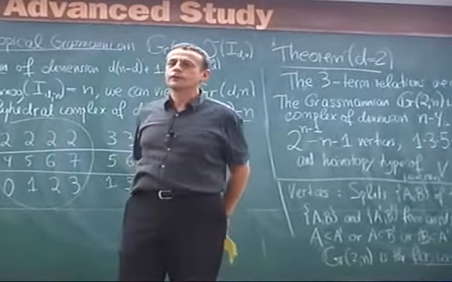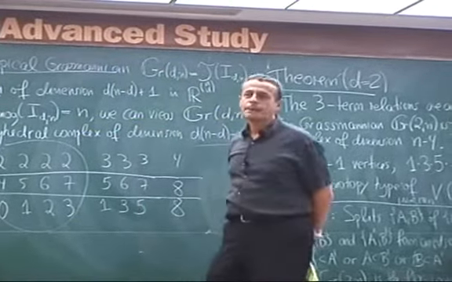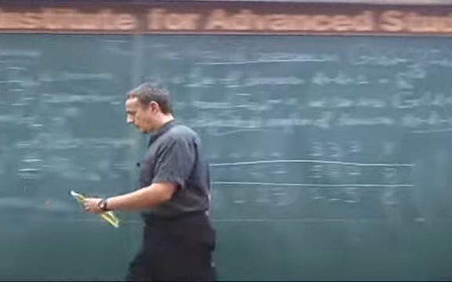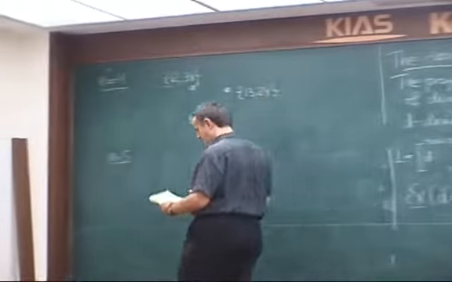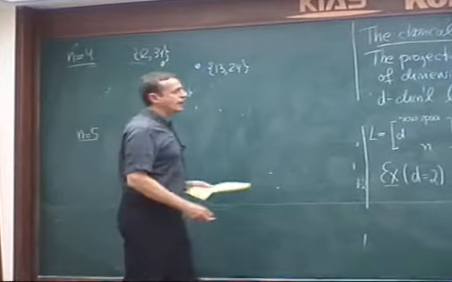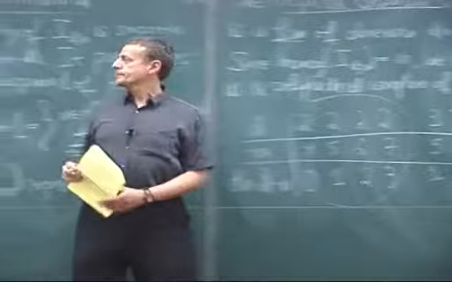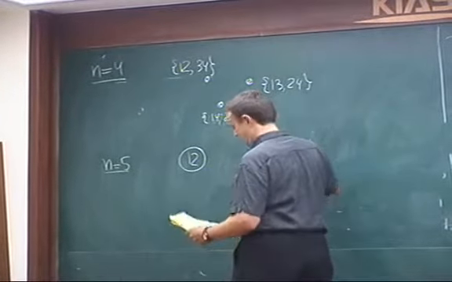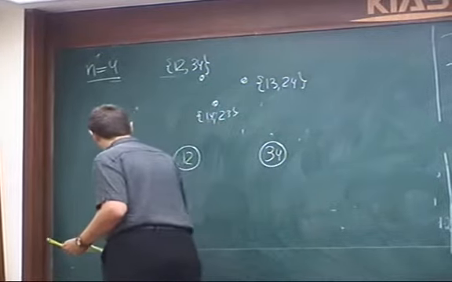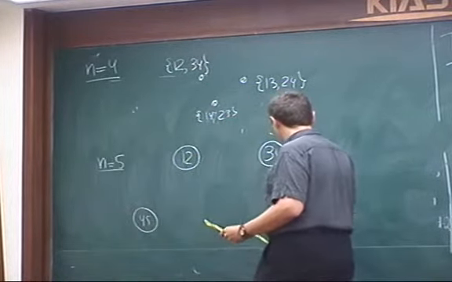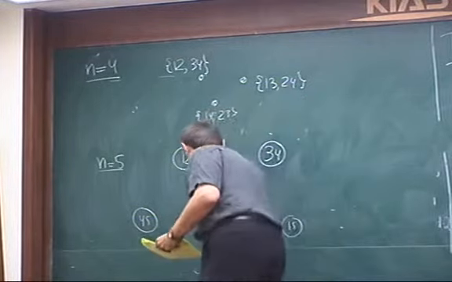We can type them into GFAN, and lo and behold, we're going to get a graph. We're supposed to get a 1-dimensional simplicial complex, and the graph is the Petersen graph. It looks like this. I'm going to explain the notation in a moment.